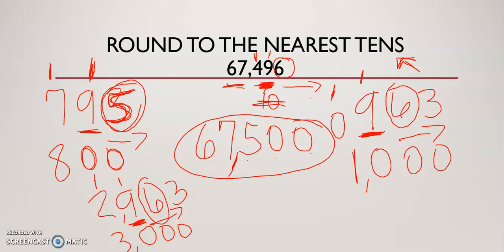One more. Okay, this time I want to round to the thousands place. So I need to find the digit that's in the thousands place. Start with what I know.